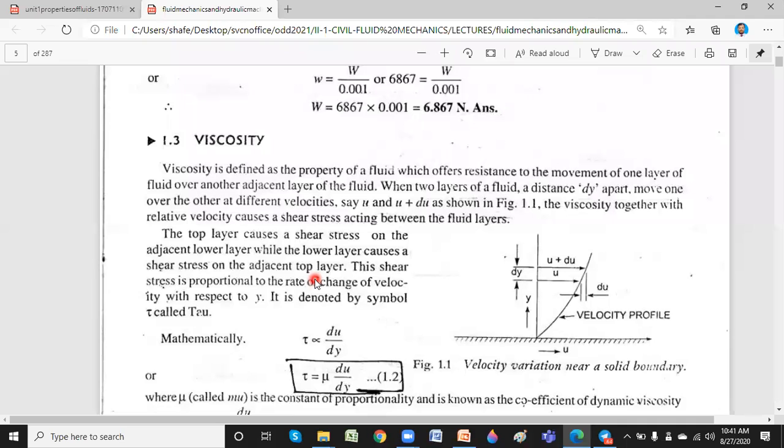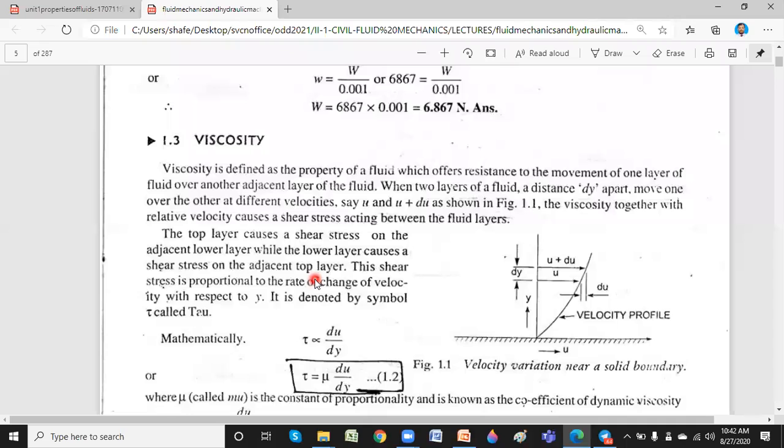The moving hand has a velocity of du, at a distance of dy from the stationary hand. Then the oil inside will be subjected to shear stress, depending upon how fast you move the plate above, and the oil will offer resistance.